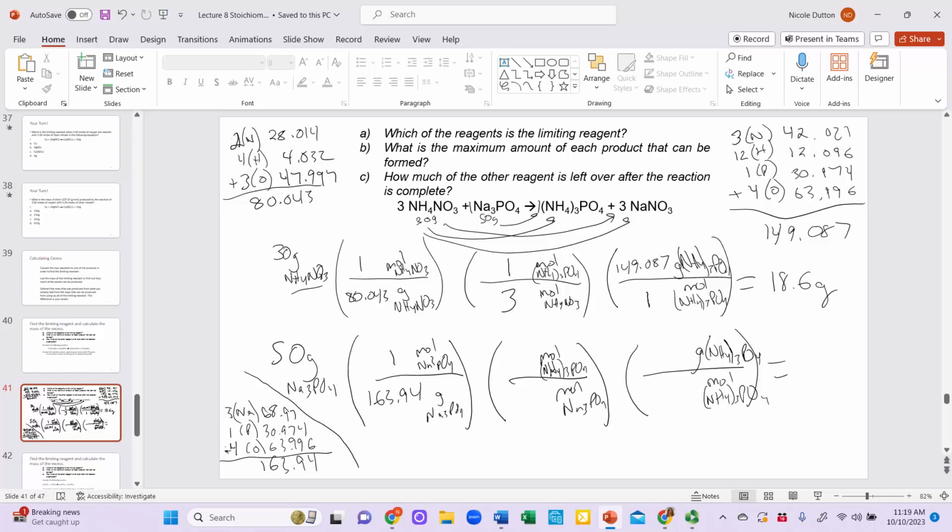Here's our mole to mole ratio where we're going to use the coefficients. There is a number 1 in front of Na3PO4. There is a number 1 in front of (NH4)3PO4. So 1 mole is then equal to the calculated mass from the periodic table, which we calculated up here previously.